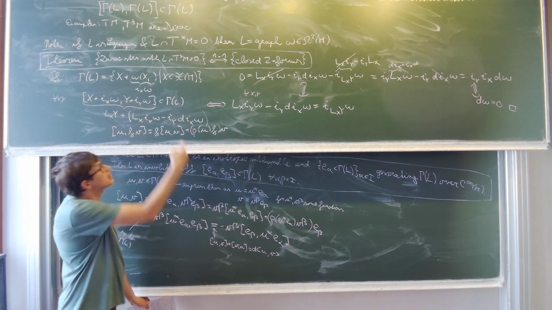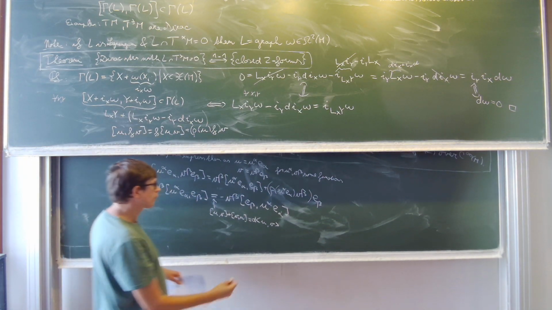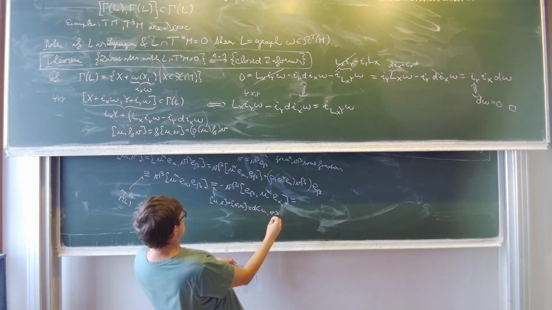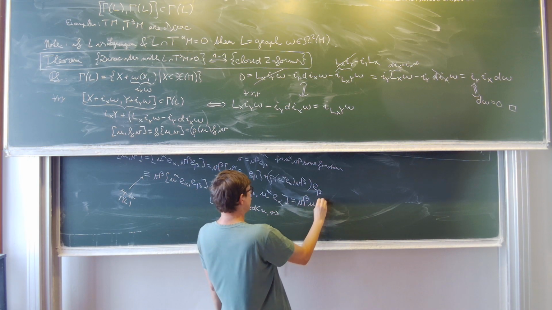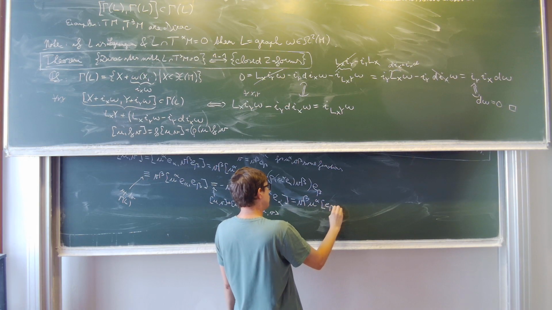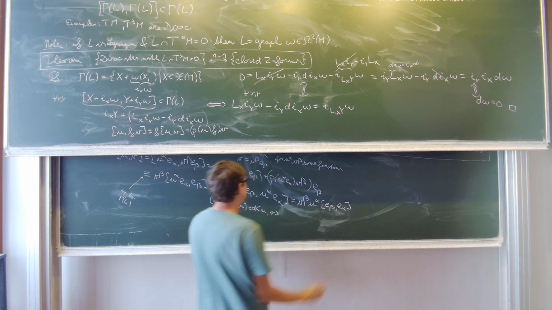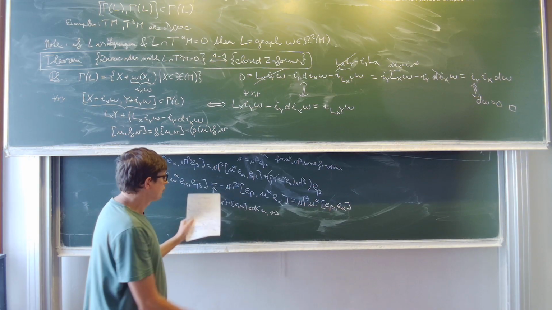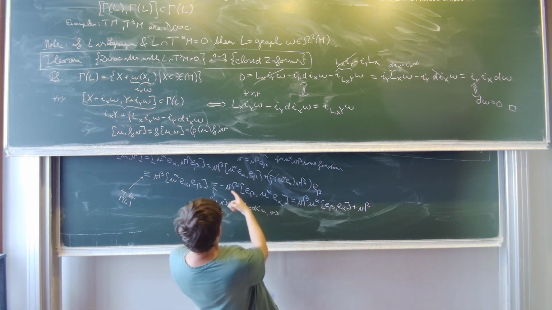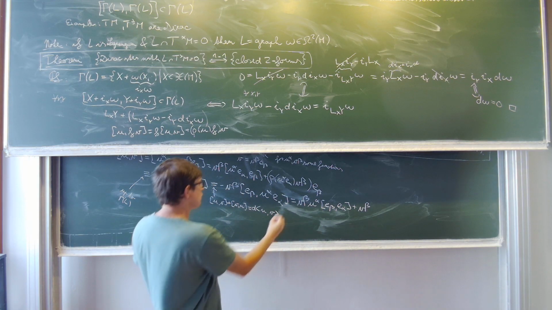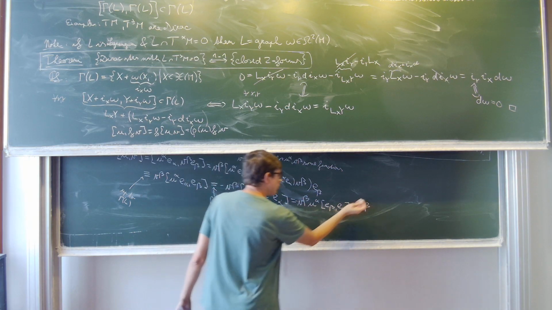Okay, and now I use the same formula here. So that will be V beta, U alpha, E beta, E alpha. And then there will be a second term. Sorry, there's a minus here and there's a minus here.